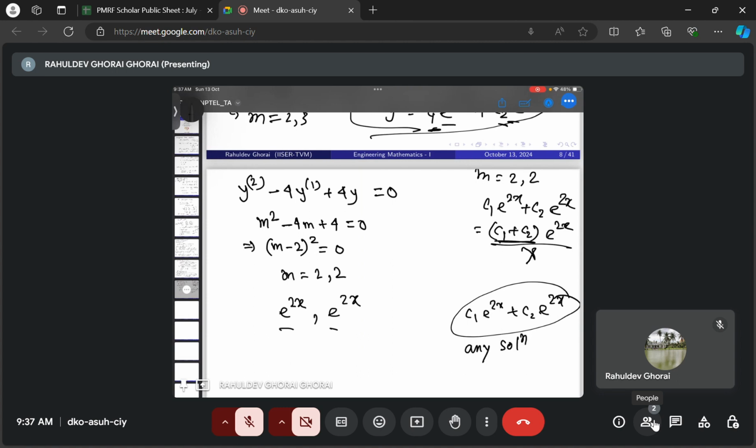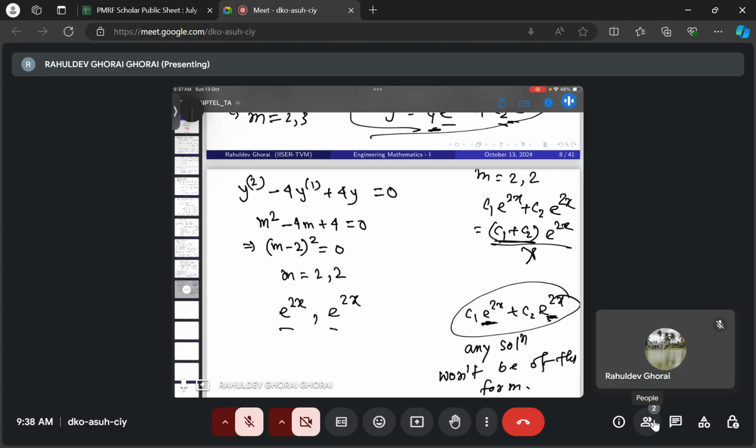When you generate the space using this e to the power 2x, that won't be the whole space, because the dimension of the whole space is 2, and here you have only one element, which is e to the power 2x.